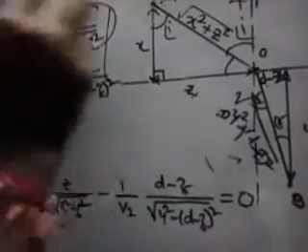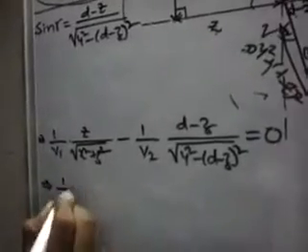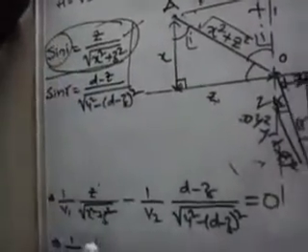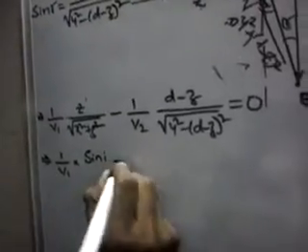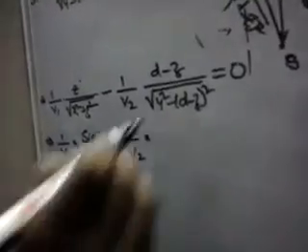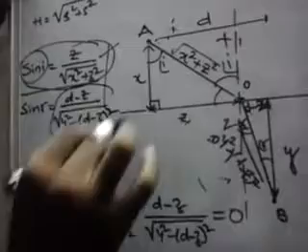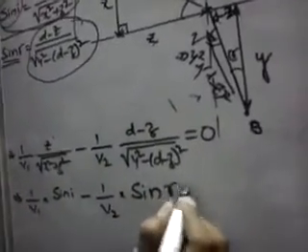By applying those values into this equation, we get 1 by v1 into z by root over x square plus z square, which is the sine of the angle of incidence, minus 1 by v2 into d minus z by root over y square plus d minus z whole square, which is sine r, equals 0.